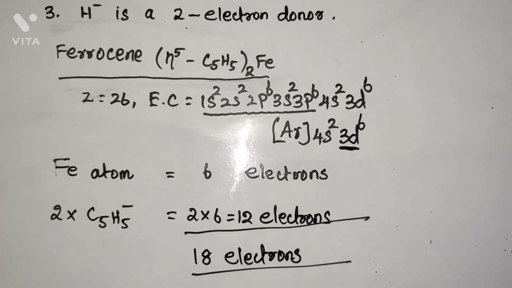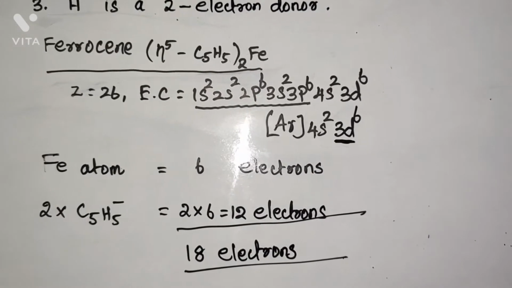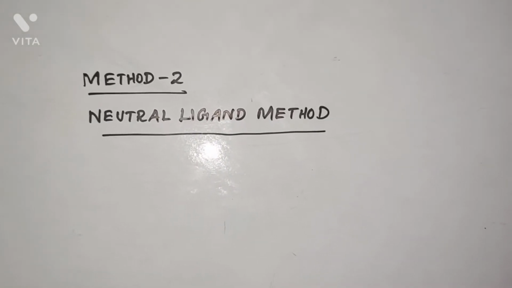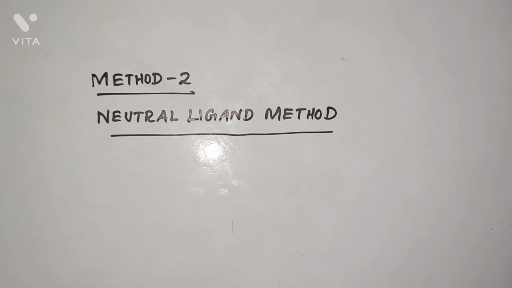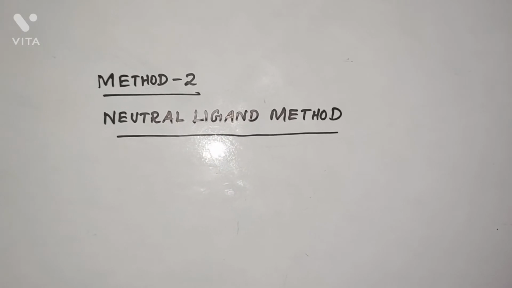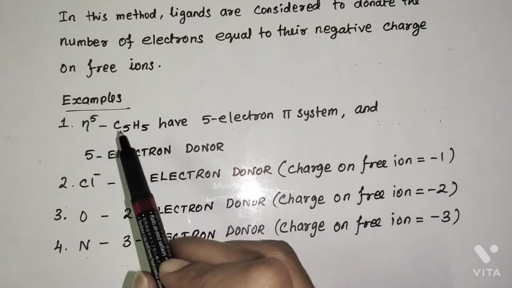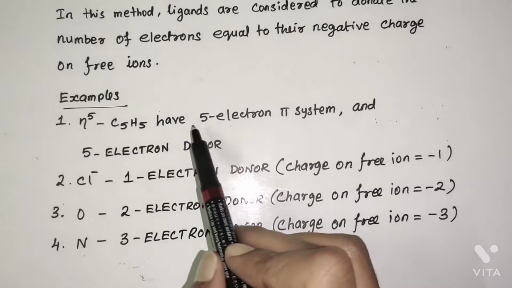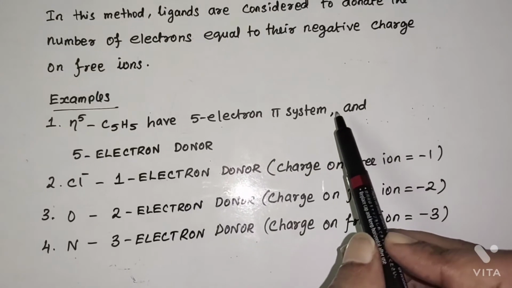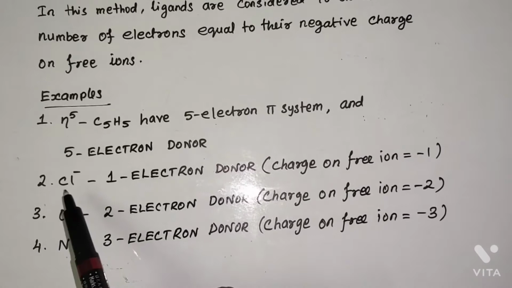Next, we are going to discuss method 2, the neutral ligand method. In this method, ligands are considered to donate a number of electrons equal to the negative charge on the free ion. Example 1: pentahaptocyclopentadienyl has a 5 pi electron system and is a 5 electron donor.